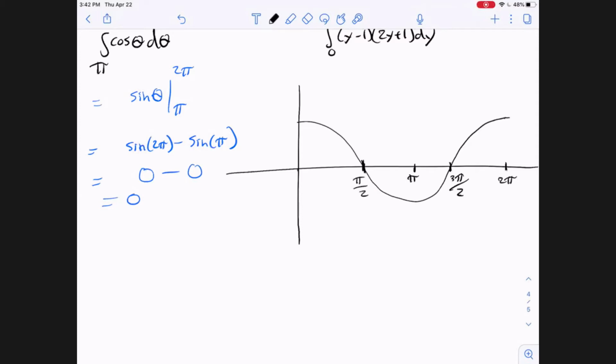This is the graph of f of x equals cosine of theta, where theta in this case is the x. This is -1, and this is 1. I know it's not up to scale, but if we're integrating from pi to 2 pi, we're integrating from here to here.